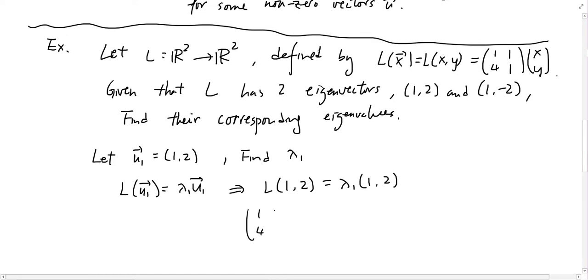So it's the matrix [1 1; 4 1] multiplied by (1, 2), which is equal to lambda 1 times (1, 2). Yes, I do have to write the vector (1, 2) vertically in order for the equation to make sense once I put in the matrix and multiply.